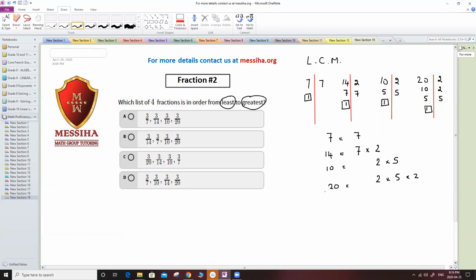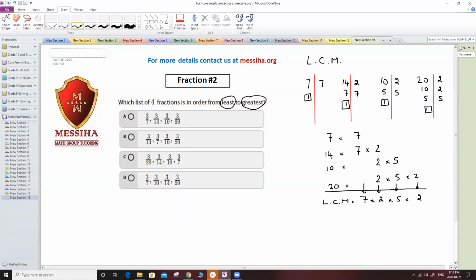And now I'm going to say my lowest common multiple is, and now I match with the columns. All the 7, all the 2s, all the 5, and all the 2. And I multiply these numbers.